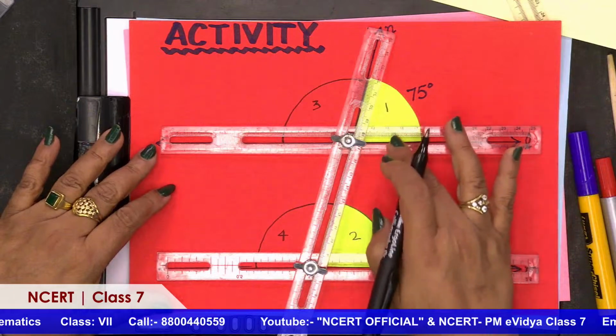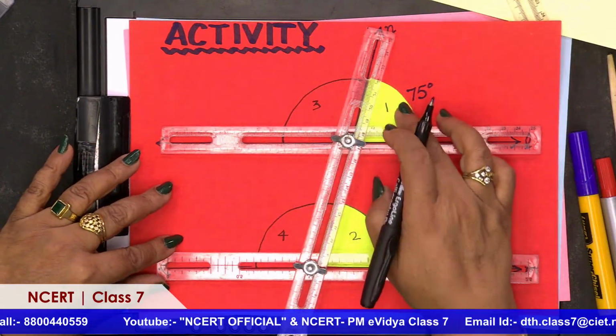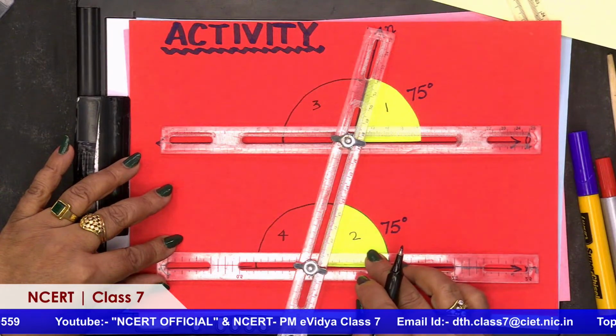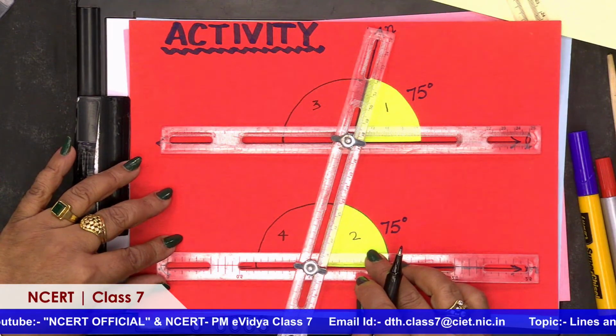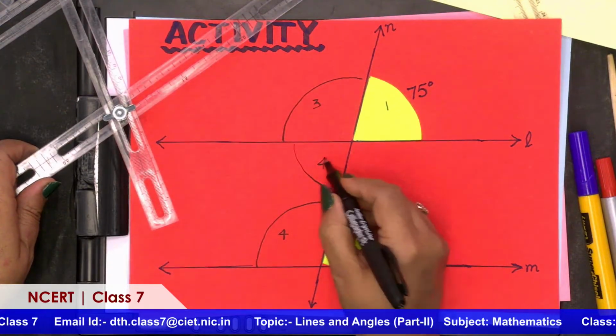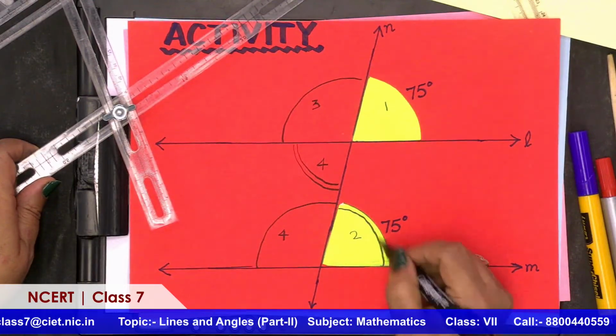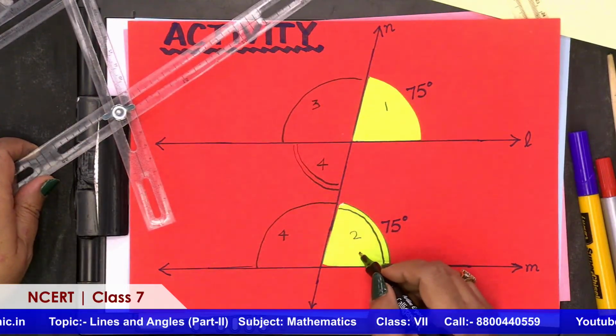First, whenever parallel lines are cut by a transversal, the pair of corresponding angles are equal, and we also have alternate interior angles equal. See, this is angle 2, and this angle will be equal to angle 4. Angle 2 will be equal to angle 4, which are alternate interior angles.